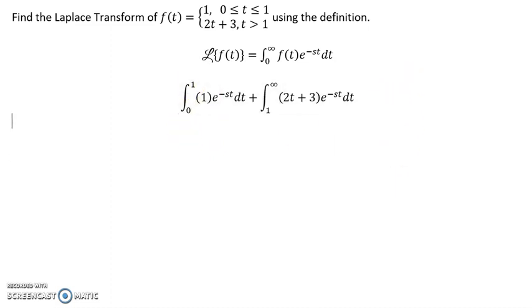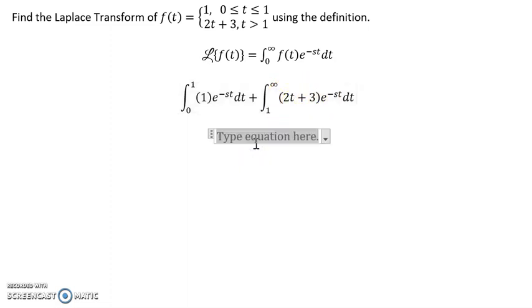Now, when we do this integration, the first piece is going to be quite straightforward. It's just e to the negative st. But when we integrate this piece, we're going to have to do integration by parts. And so let's set up the integration by parts for the second piece.